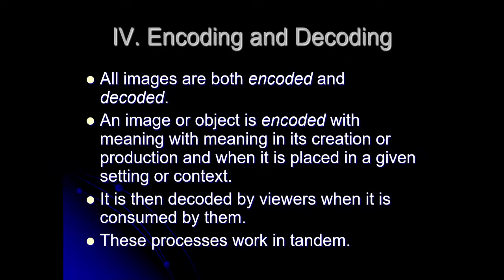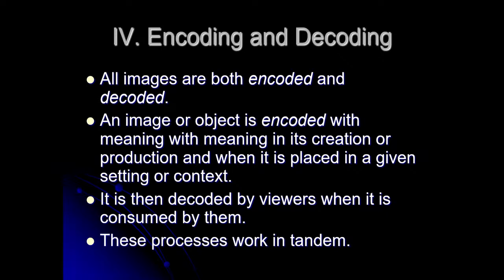So when you're encoding, it means you're producing the image. When you're producing the image, you have in mind what you will be constructing, what you mean by that, and what you want people to think about that image. That process is known as the encoding process.